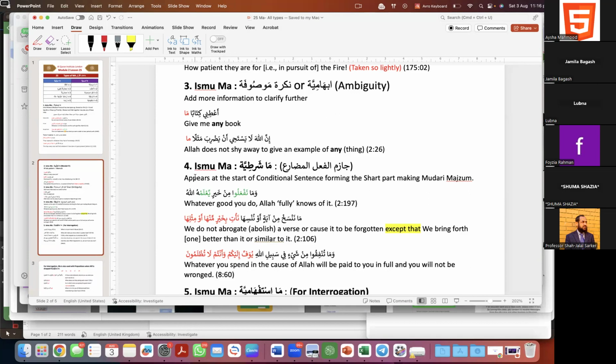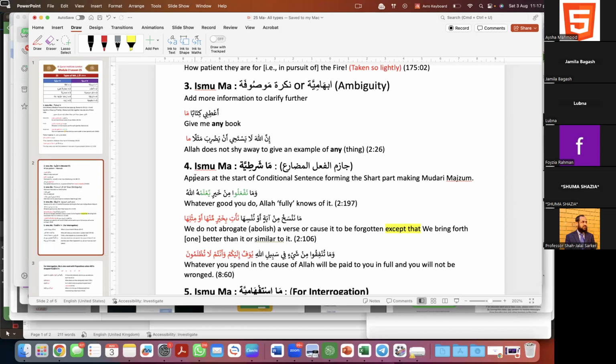Ma, any example. Masalan means an example. Masala ma means any example. Kitaban means a book. Kitaban ma means any book. To make it indefinite, nakira mausufa. Nakira, indefinite description. Mausuf, description, you know that.